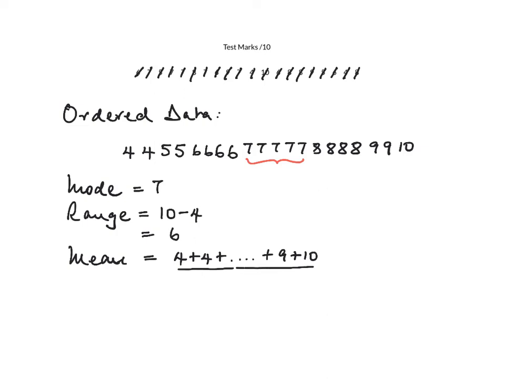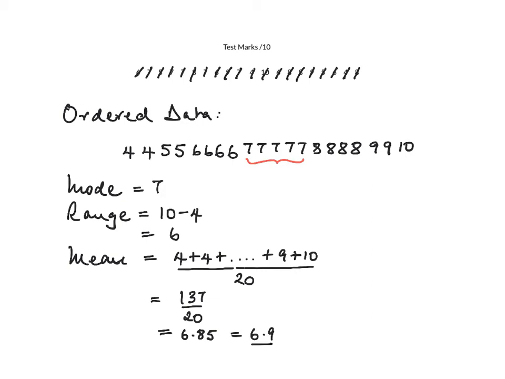So I've got 1, 2, 3, 4, 5, 6, 7, 8, 9, 10, 11, 12, 13, 14, 15, 16, 17, 18, 19, 20. That makes our calculation a bit easier. So the total is 137 divided by 20. The answer is 6.85. And if we were to round that to 1 decimal place, say, that would be 6.9.